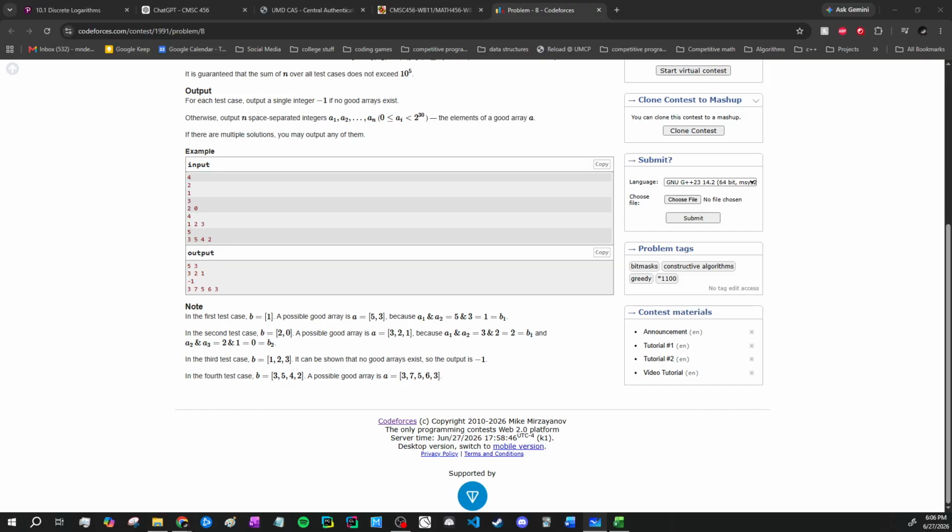Either way, what I'm kind of seeing with this problem is that for, let's say, A1, it has to basically be A0 and A1, and A1 and A2.